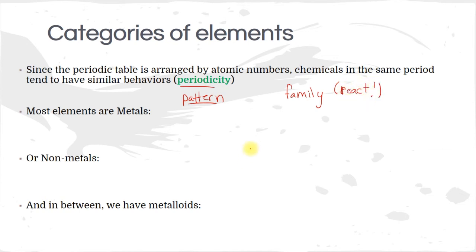They're not categorized by mass. They're not categorized by atomic number. Those things are patterns in the periodic table, but they weren't the reason that we made the periodic table the way that it is.